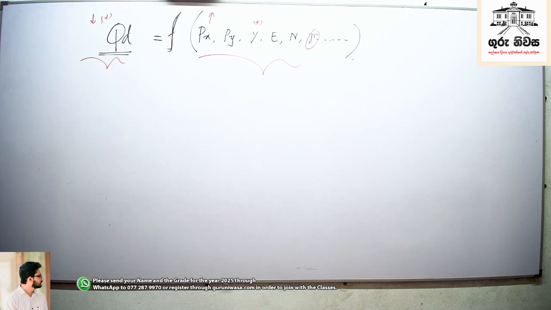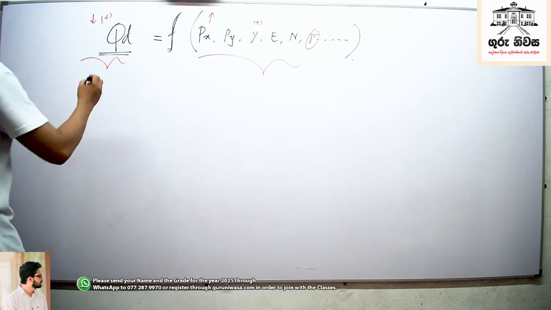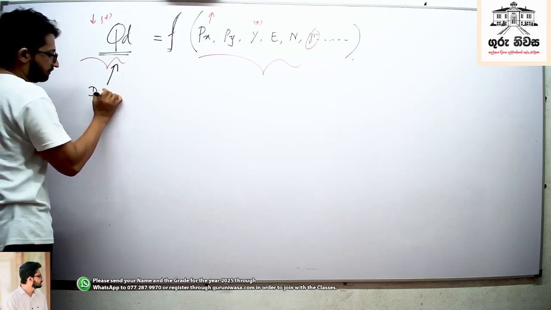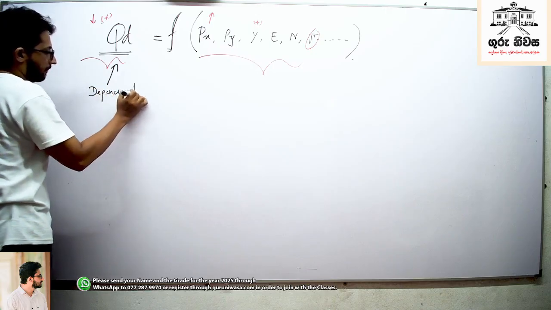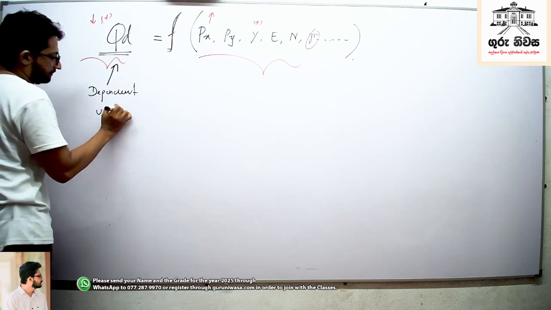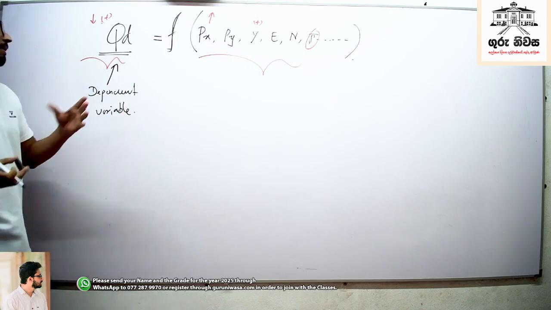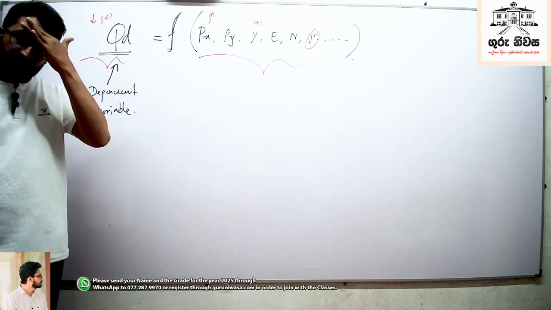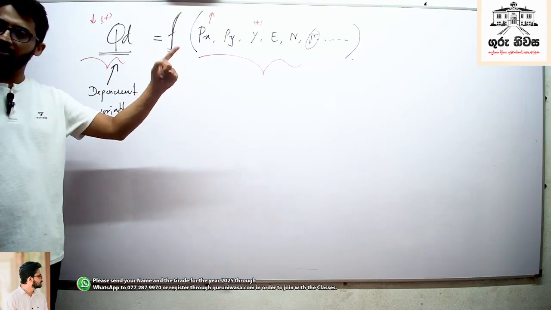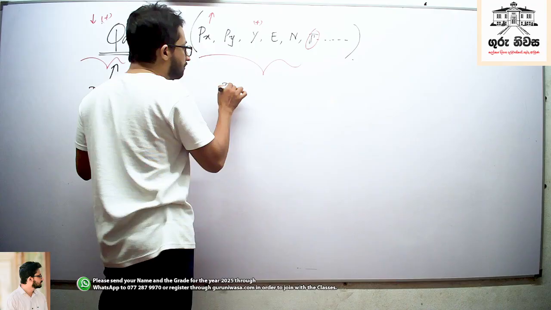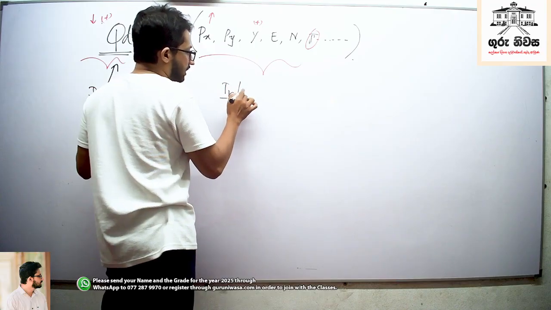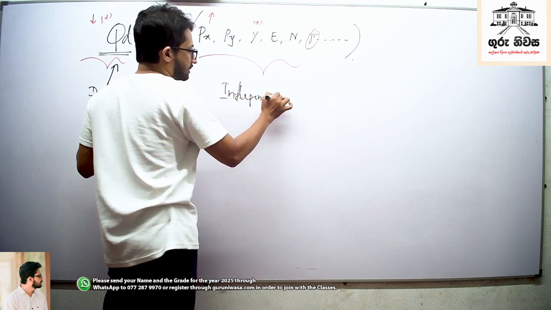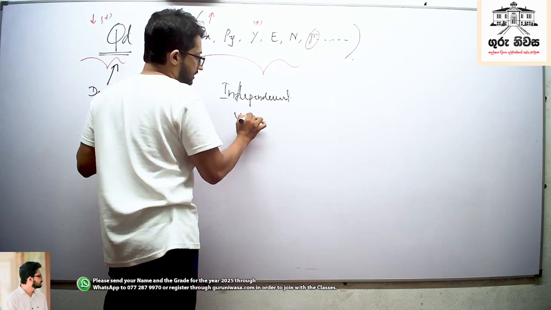Dependent is quantity demanded. Yes, very good. This is the dependent variable. The reason is that quantity demanded is always changed by other factors. These are independent variables. So many independent variables.